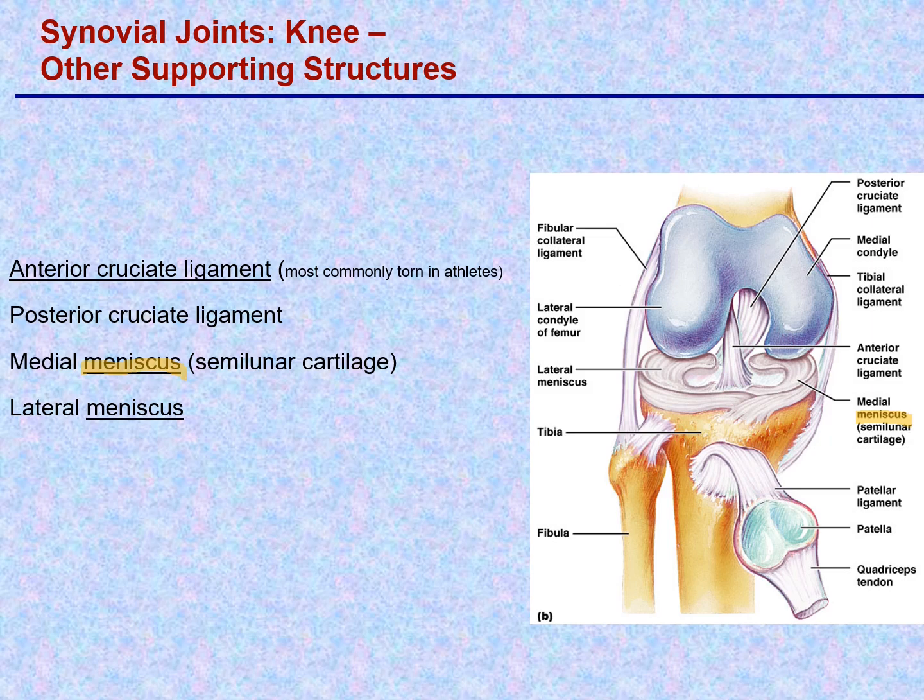The other thing that's shown here that's again underlined and that I would want you to know is the anterior cruciate ligament, or ACL. This is the ligament that's most commonly torn in athletes as they're running and turning quickly, pivoting and turning. If there is an injury within the joint in terms of tearing ligaments, it's most commonly going to be the anterior cruciate ligament that gets torn.